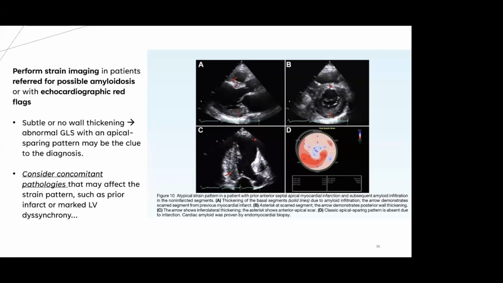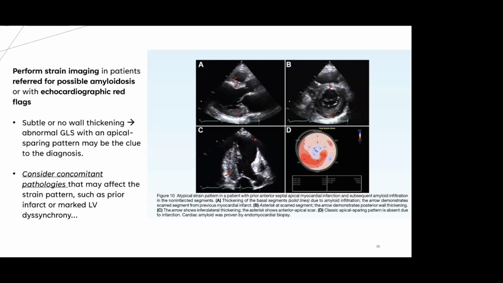And this is an example from ACE again, where a patient had some wall thickening here on the first external view, and they had a prior infarct in the apical anterior septal areas.